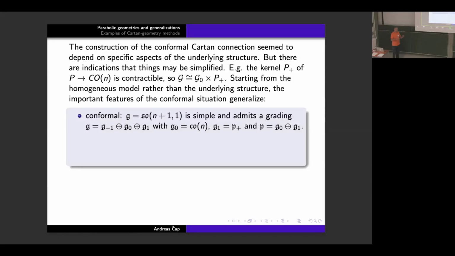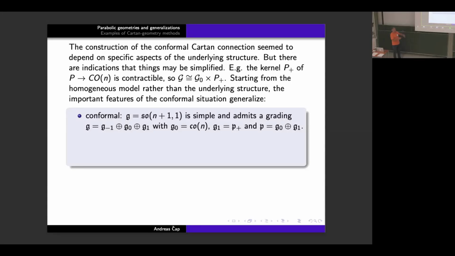If you take a bracket of an element of g_i with one of g_j, you land in g_{i+j}, where all other components are 0. And this has the property that the non-negative part of this grading is the Lie algebra of the subgroup P. And even better, the positive part of this grading is the P_+, which encodes the higher order stuff. Okay, so the setup is very nicely encoded in terms of this grading.